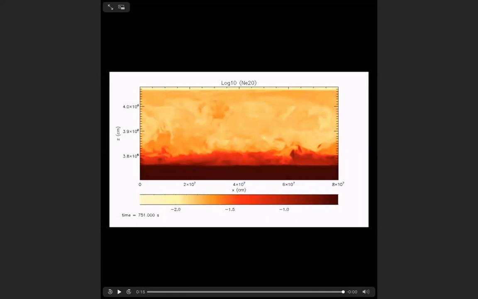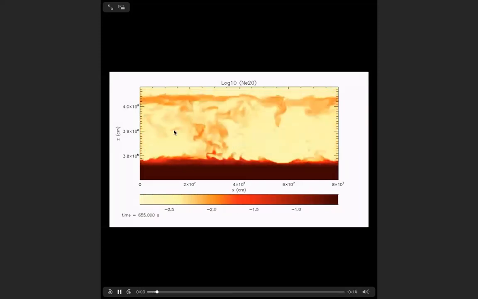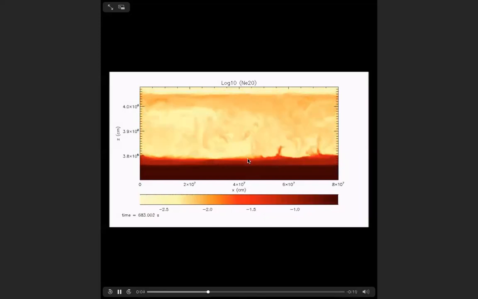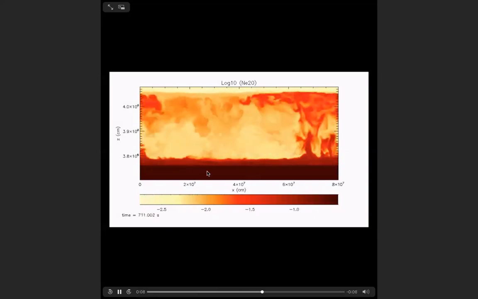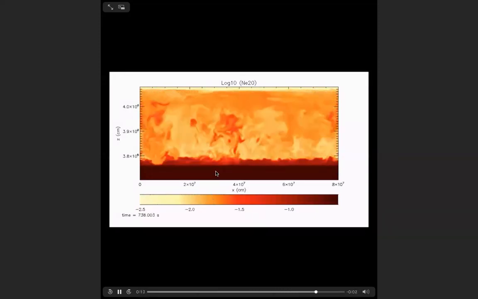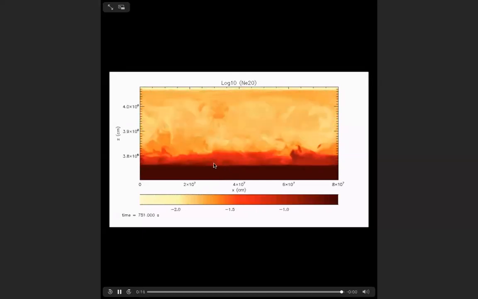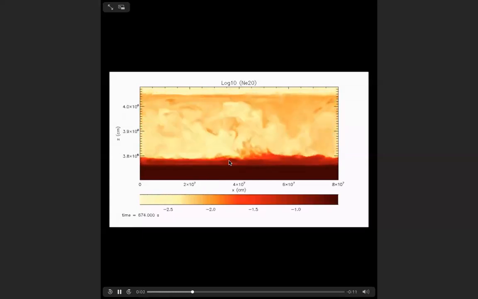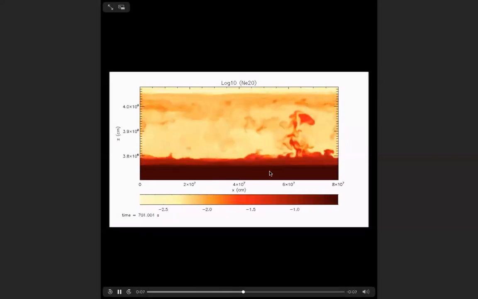You can see there is convection here already, driven by hydrogen burning at the bottom. And convection at the interface between the hydrogen envelope and this carbon-oxygen rich white dwarf. Convection at the boundary results in horizontal, shear motion, which leads to Kelvin-Helmholtz instability, which dredges up material.